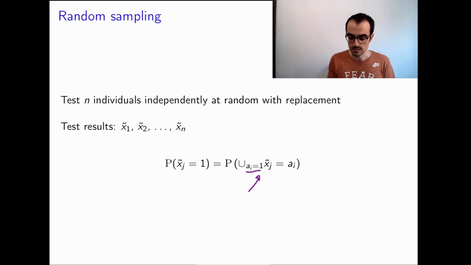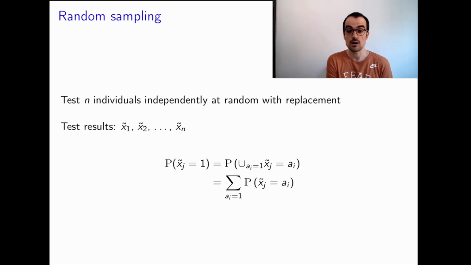So we can sum these probabilities. And now this probability is just equal to 1 over N, because we're picking everyone uniformly at random, right? And this sum is over the people that have COVID-19, and we know that that's equal to big M. So the probability that we pick someone with COVID-19 is exactly equal to the proportion that we want to estimate.